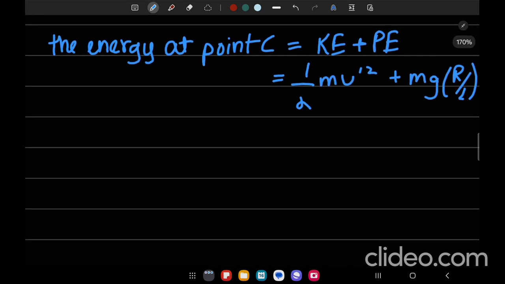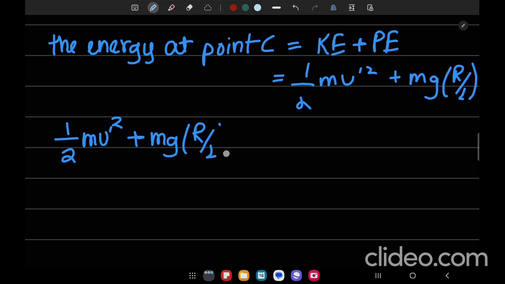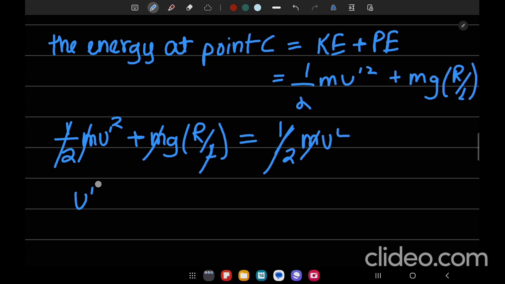So we can equate this energy with the total kinetic energy at point B, half m v square. Now we will cancel half and m. We are getting v dash square plus g r is equal to v square.